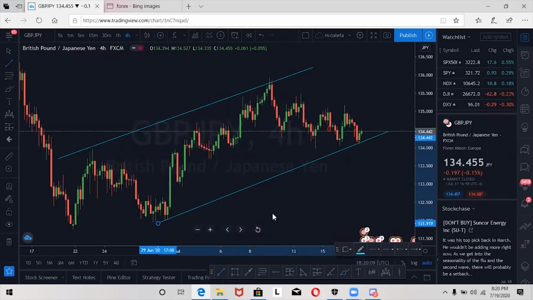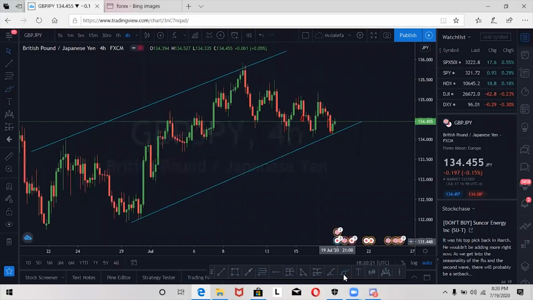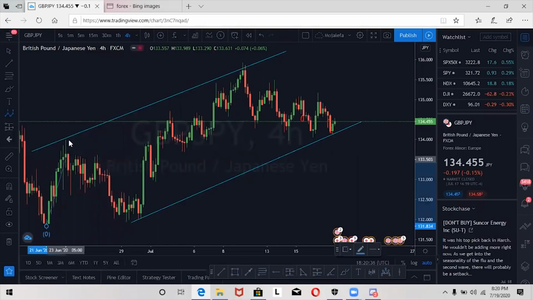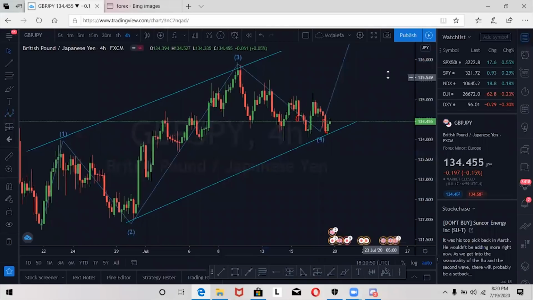So looking at this pair, I can see an Elliott wave impulse wave. Let's use this one. We have 0, 1, 2, 3, 4. Then you see there's an Elliott wave at the upside somewhere there.